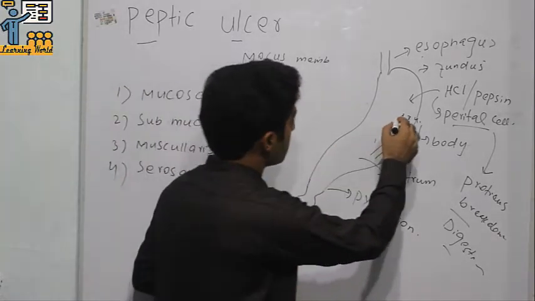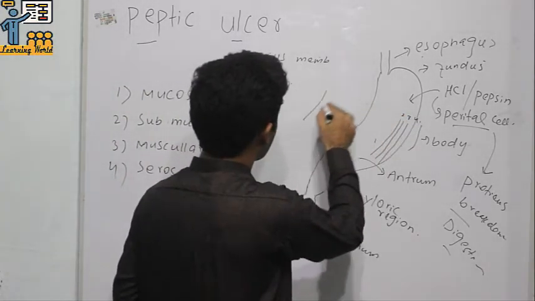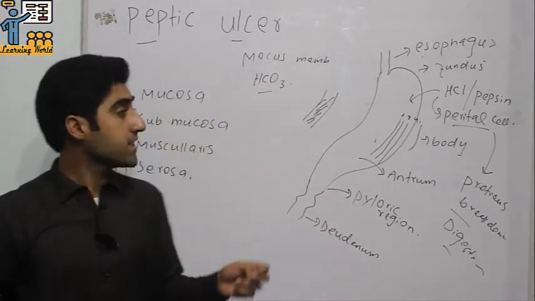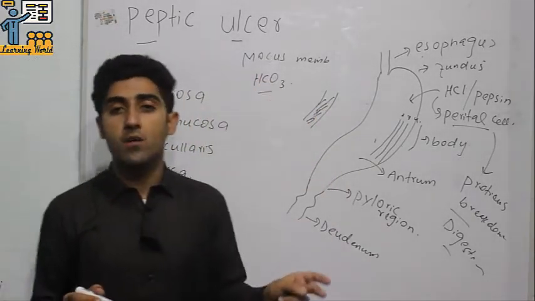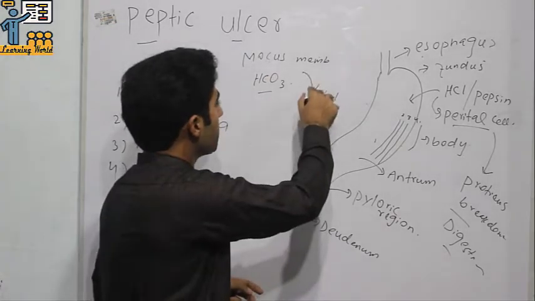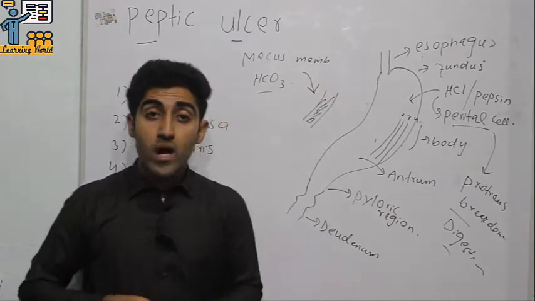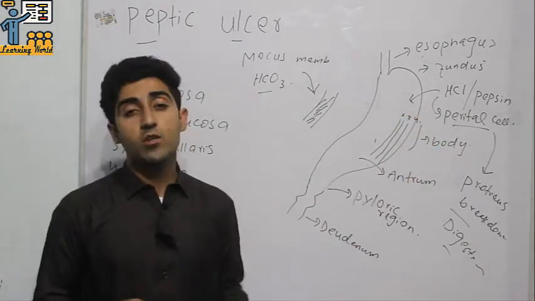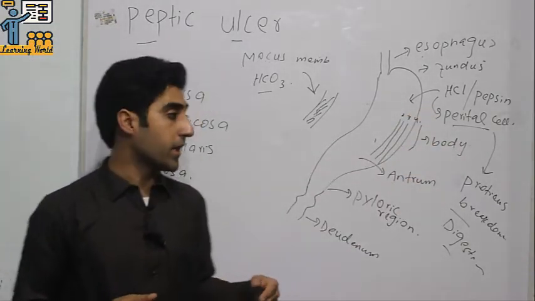This barrier consists of mucous membrane and bicarbonate. These are the defensive factors which provide the defense mechanism against the hydrochloric acid.